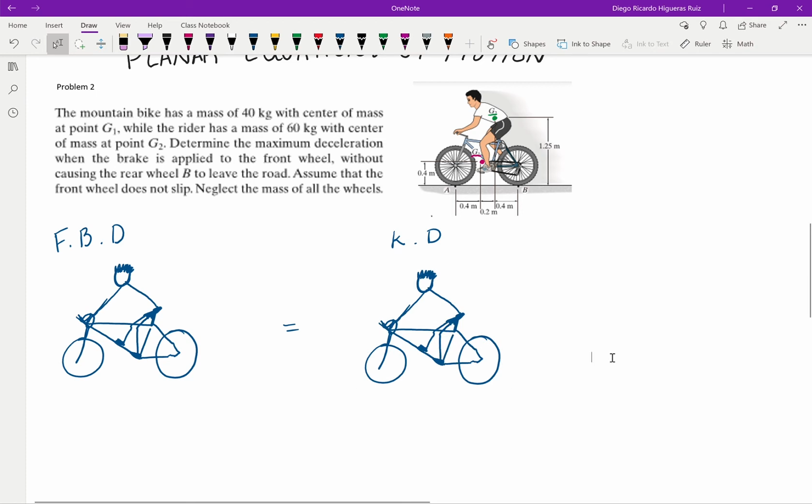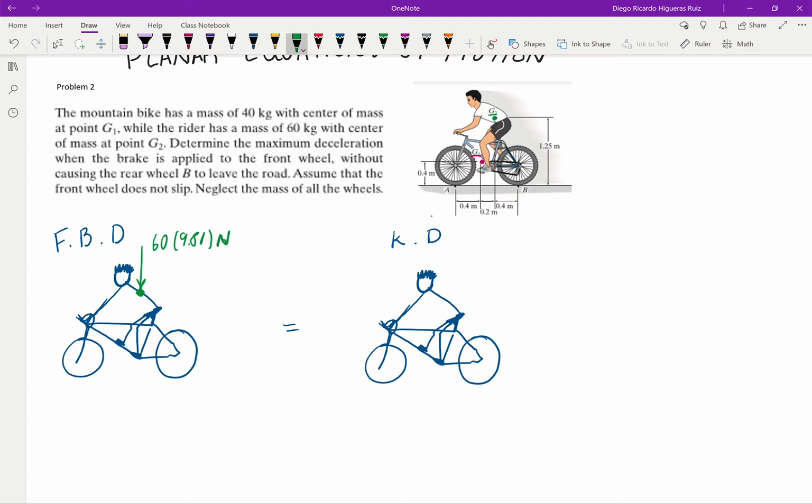So we're going to go ahead and, on my free body diagram, draw the forces applied by gravity. My point G right here on this guy is going to be the mass. So this force is the mass of the guy, which is 60 kilograms times 9.81, in newtons.